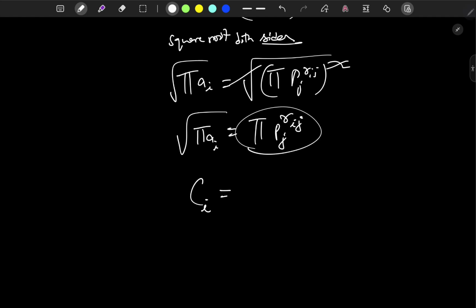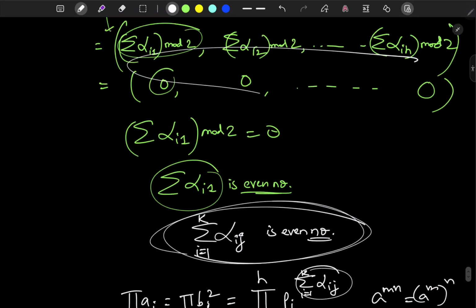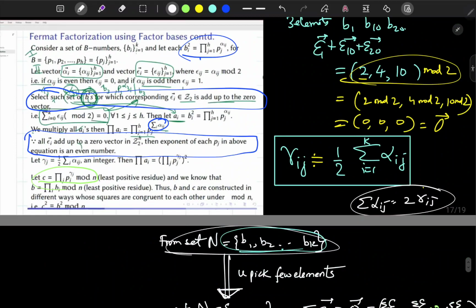Just for fun, let's name the value s. So the value ci is nothing but s mod n. You understand my point? Just same as the value, applying mod n, this value becomes ci. That is called the least positive residue.